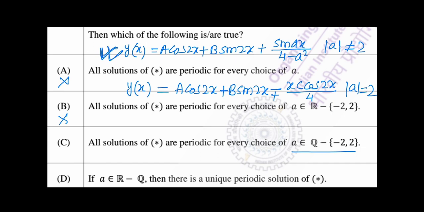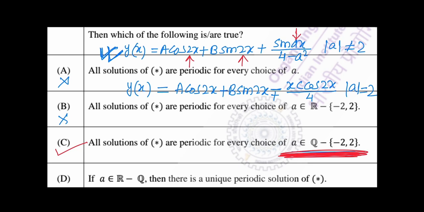Okay, and you know this is a periodic function because here you see rational number, here rational number, and a is also a rational number. So if there is a sine cos function with a rational number coefficient, then the whole function will be periodic. So C is correct.